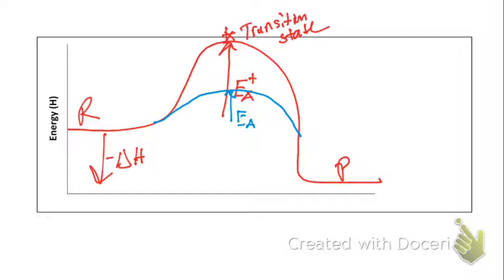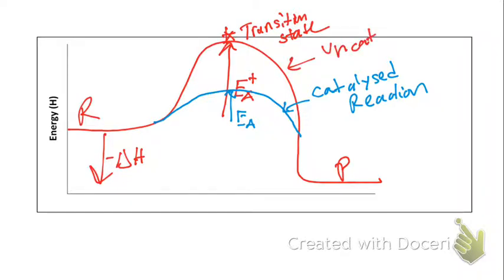This right here represents the catalyzed reaction, and the one in red represents the uncatalyzed reaction.